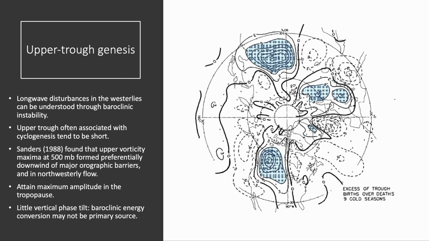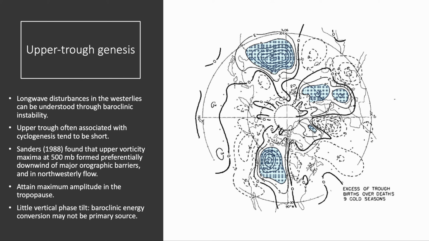To our understanding, one of the first people who looked into this was Sanders, who in 1988 did some climatology of these troughs and found that topography really does potentially play an important role.